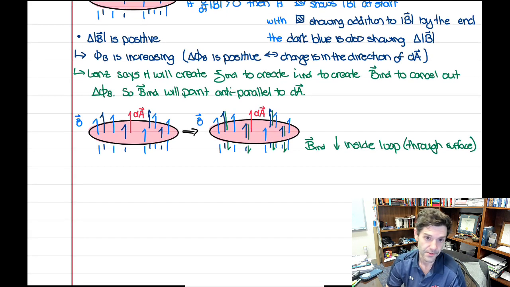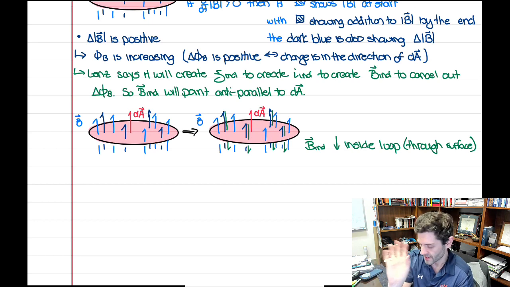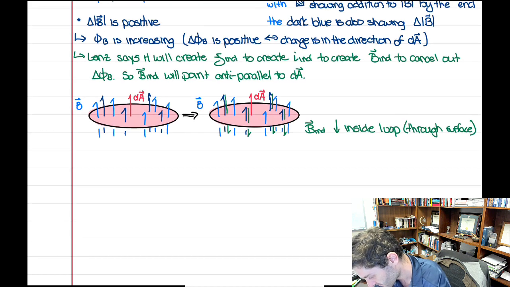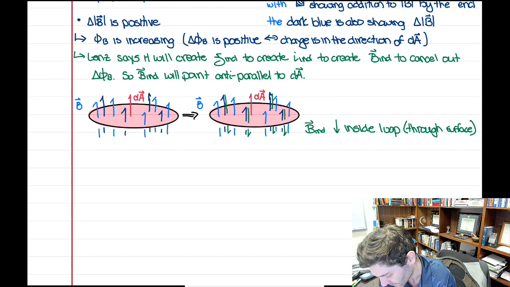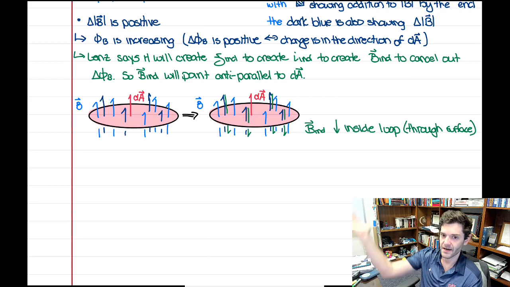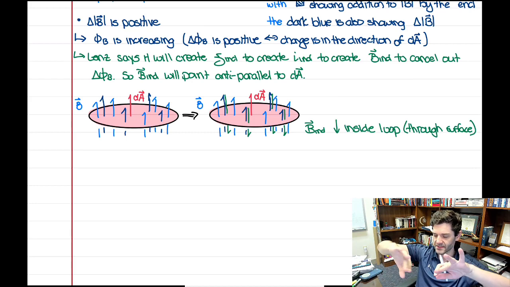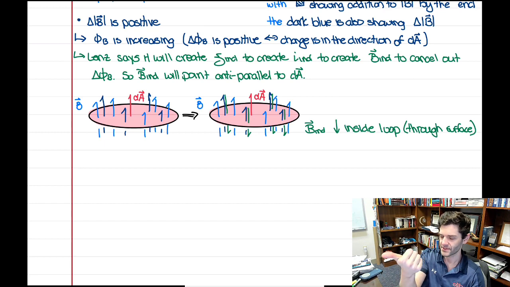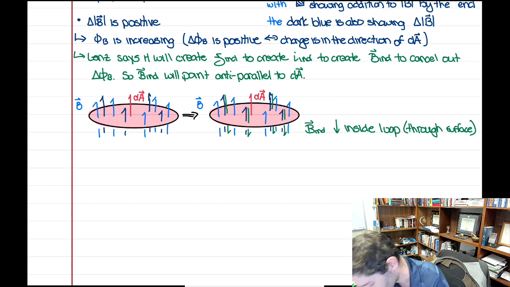And then we can use the right-hand rule. What direction of the current through this loop will give me the green field lines? If I want to create field lines that loop around the edges of the loop, I know that if I have a current-carrying wire, there are loops of magnetic field around it that can be understood by the right-hand rule. My thumb points in the direction of the current, my fingers on my right hand curl in the direction of the magnetic field.